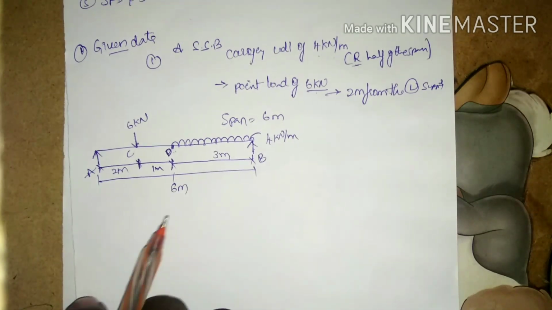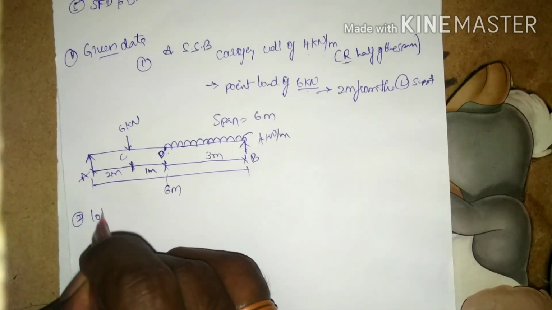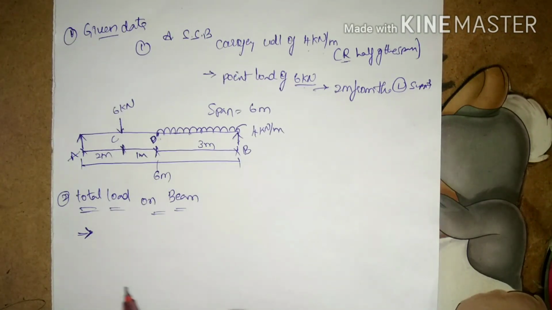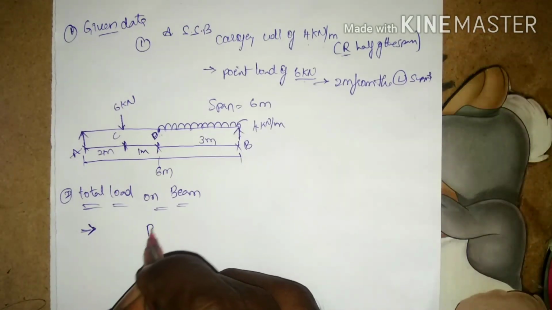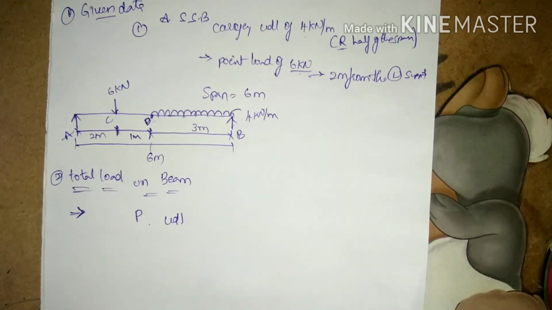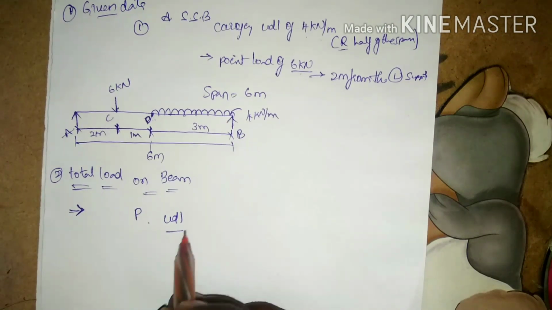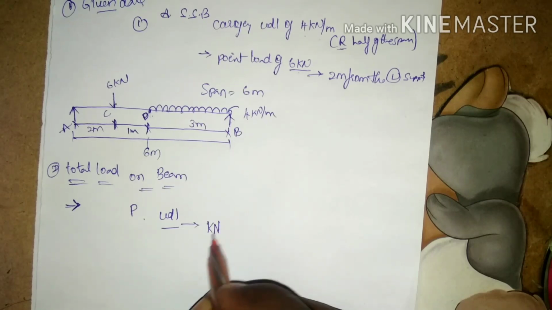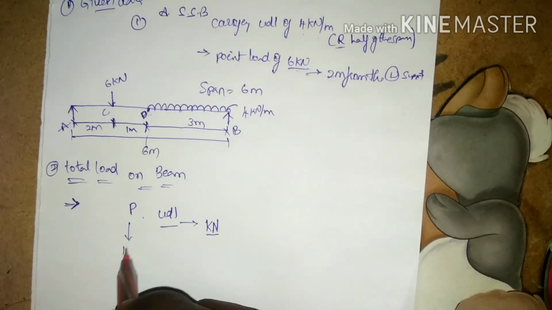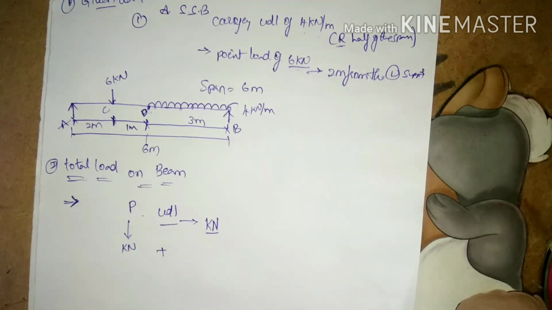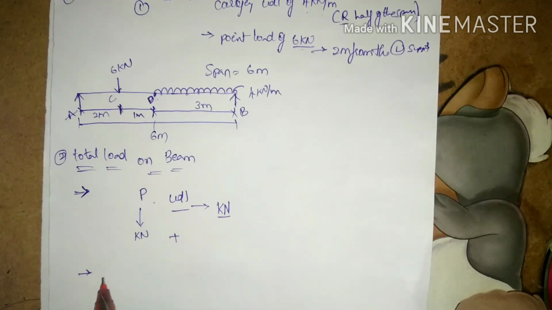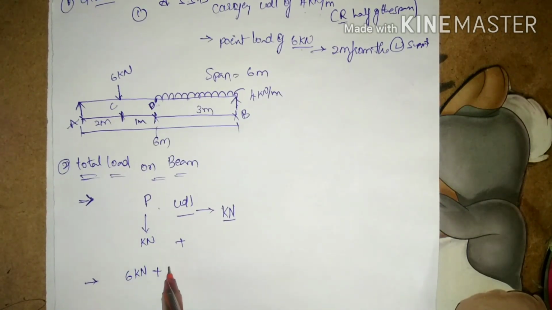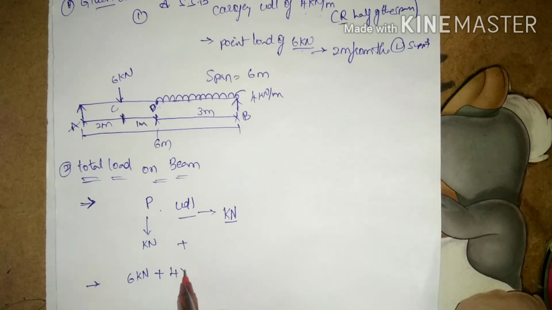Next, our second step is total load on beam. Here we are having two loads, a point load and a UDL, so we are going to convert the UDL to a point load, such that it has the units of kilonewtons, and the point load as usual is in kilonewtons. Both can be added, so the point load has magnitude 6 kilonewtons and the UDL is 4 into 3.